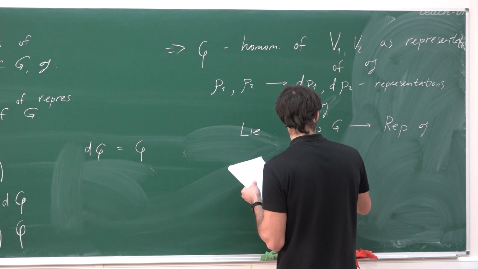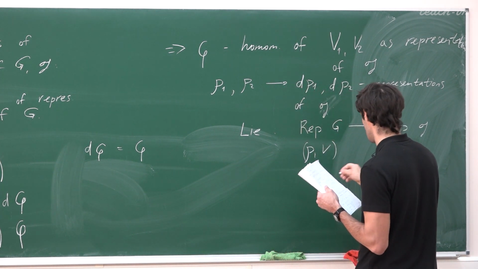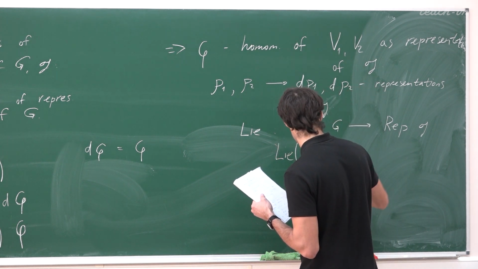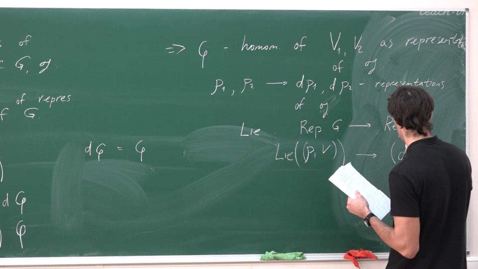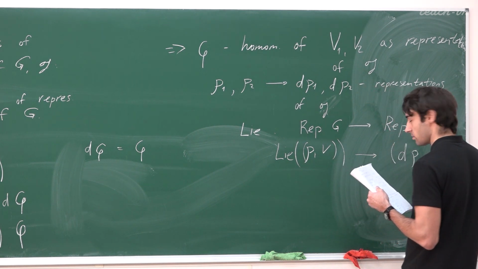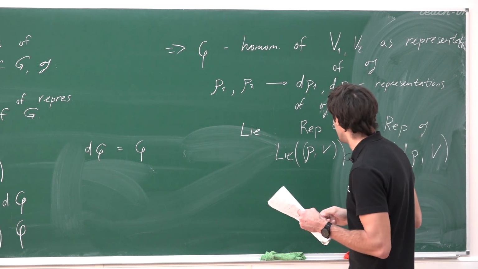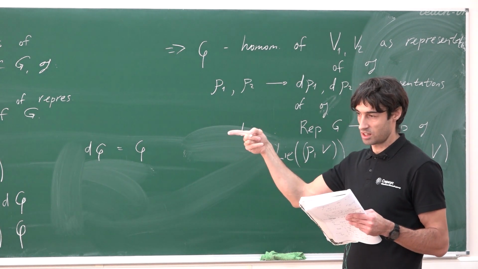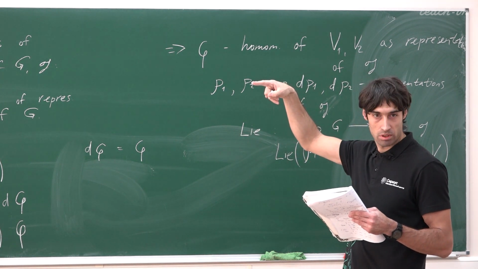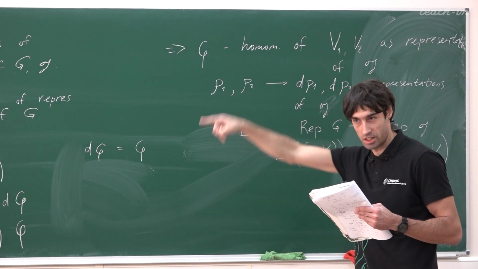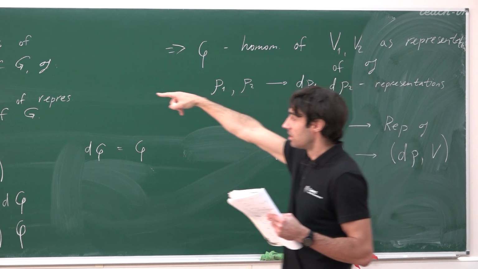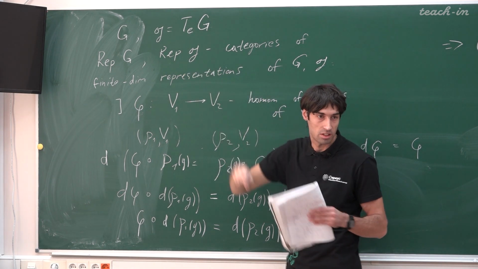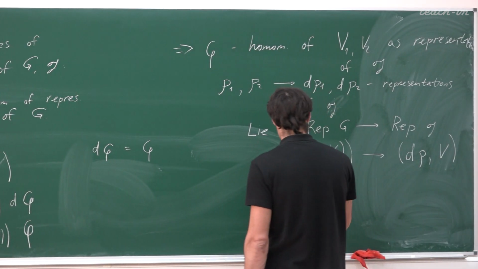If I have rho V, a representation here, then the corresponding object here is d rho V, the same representation. And this says that it is really a functor, because if I have a morphism between representations, it becomes a morphism, an arrow in one category goes to an arrow in another category. So it's a functor.